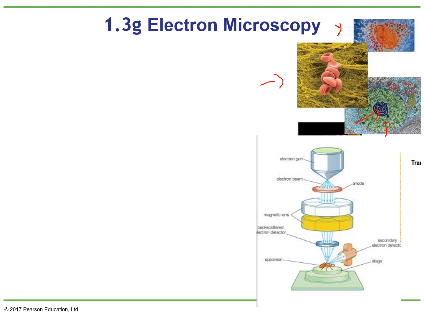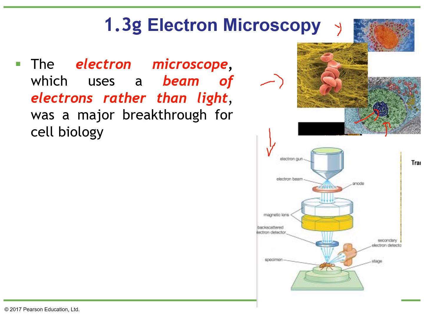And here, if you want to know more about the electron microscope, you can go to your textbook. However, the key information here is that you're using a beam of electrons rather than light, and now we know that light has some problems with the resolution.